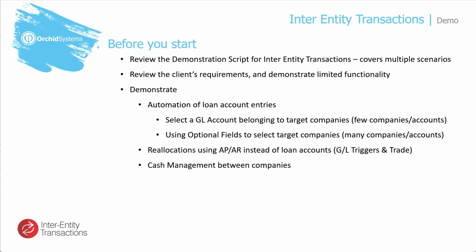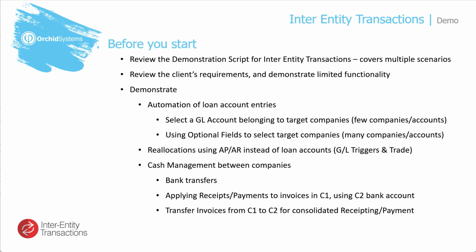And we have cash management between companies: bank transfers, applying receipts and payments to invoices in Company 1 using Company 2's bank account, or transferring invoices, AP or AR, from Company 1 to Company 2 for consolidated receipting and payment.